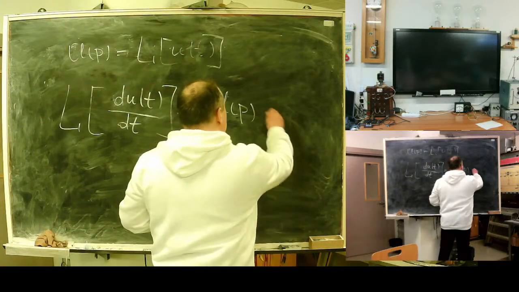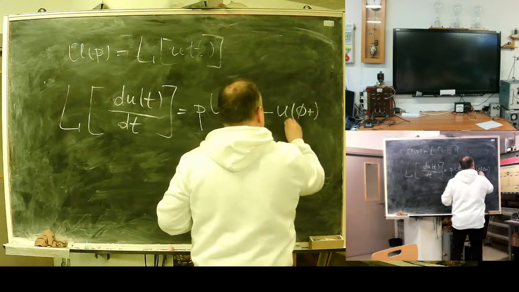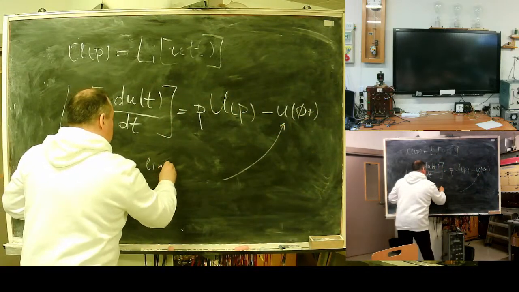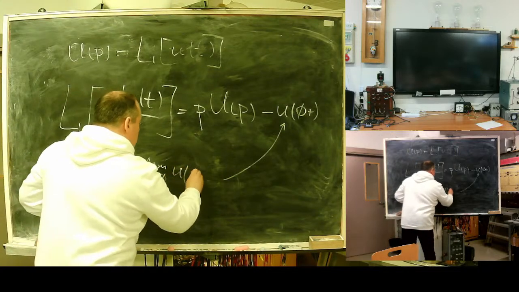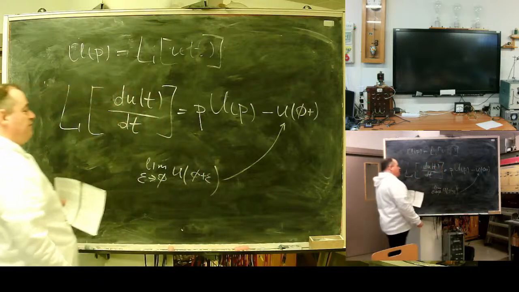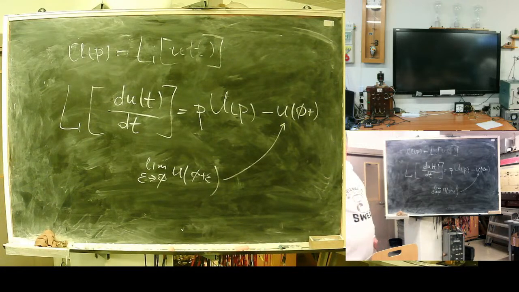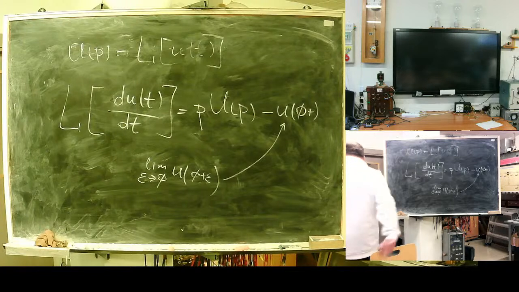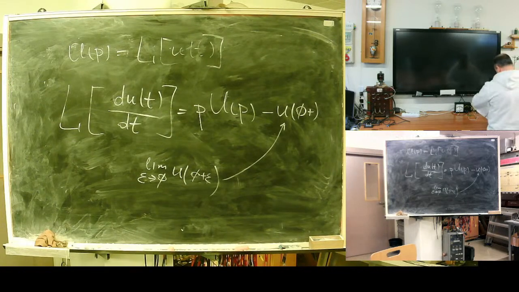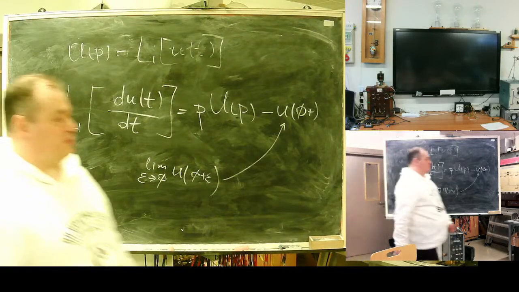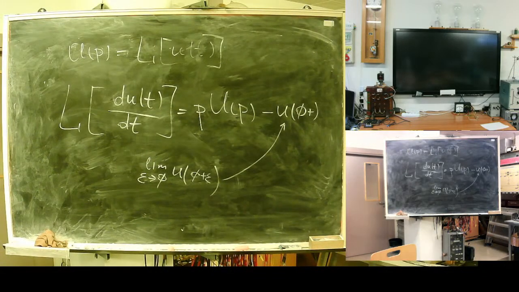But there is one moment. What is f(0+)? It's the limit when epsilon goes to 0, 0 plus epsilon. It's the value of your signal, function or original at zero time. You can easily extend it to any order of derivative. One more.